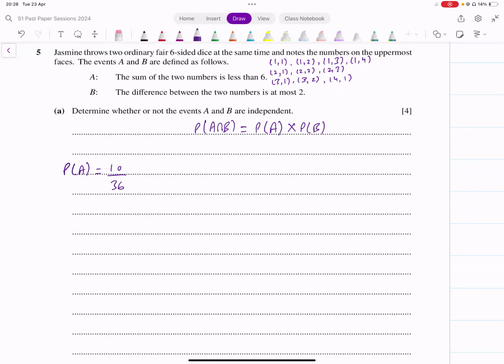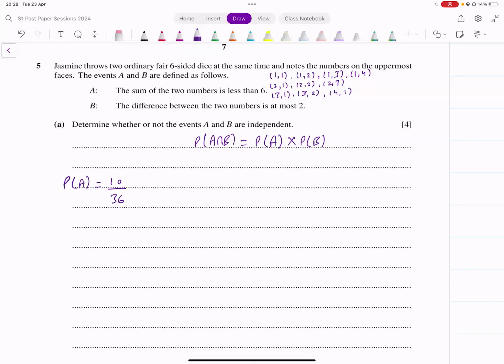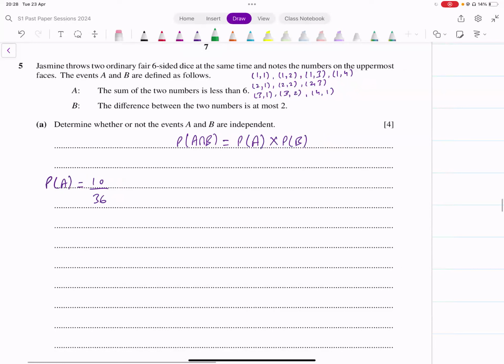Okay. Now, what about B? The difference between the two numbers is at most 2. So now we need to think about the differences between numbers. It should be at most 2. That means it could be 0, it could be 1, it could be 2. Again, you could make a table that lists down all the possible differences, or you could just think of it logically, just like we did for A. That's okay, you could do that.